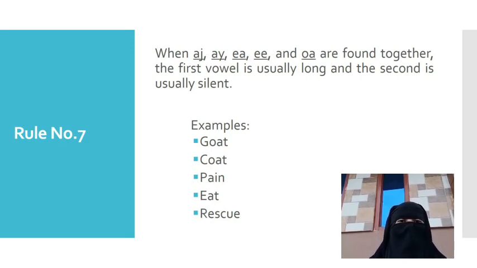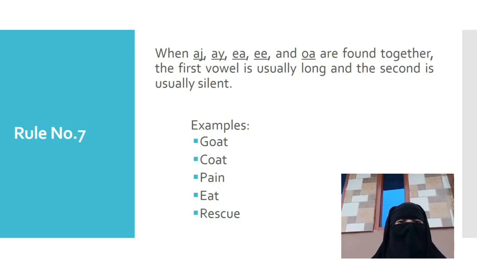Goat, coat, pain, eat, slay, meat. Here, we only pronounce OA as O, as in goat. We do not pronounce goat with two vowel sounds. We only pronounce the first vowel and the second vowel is silent.